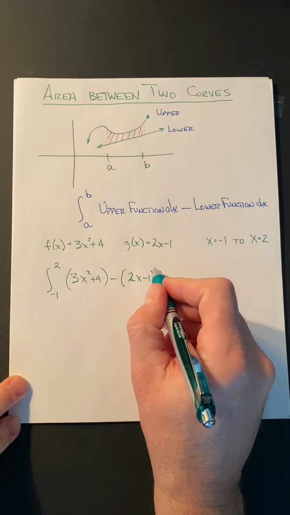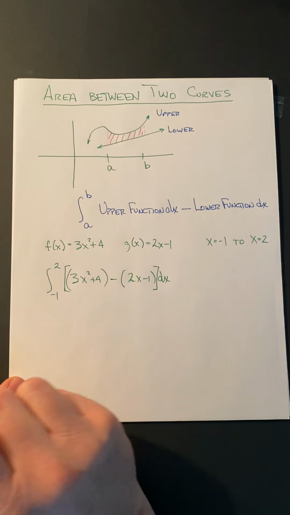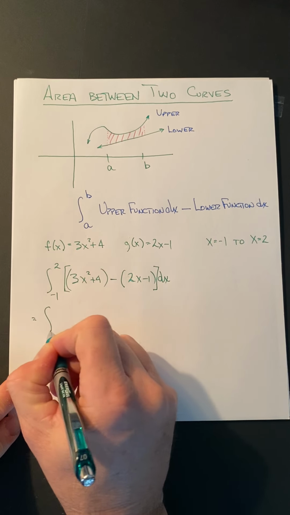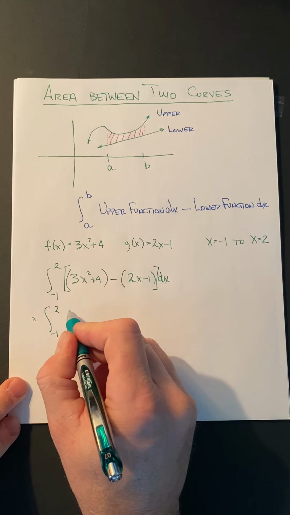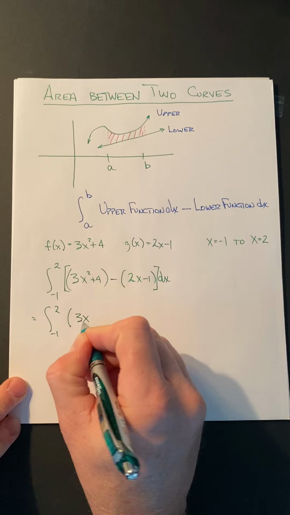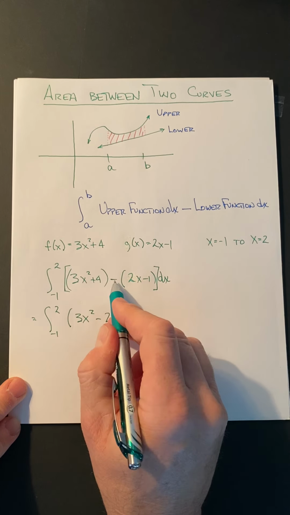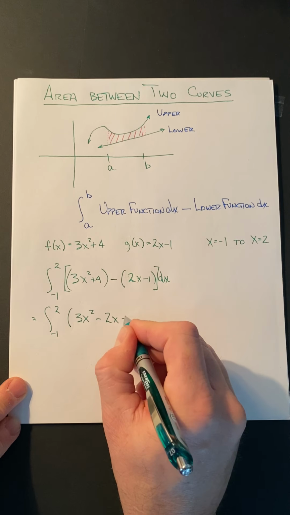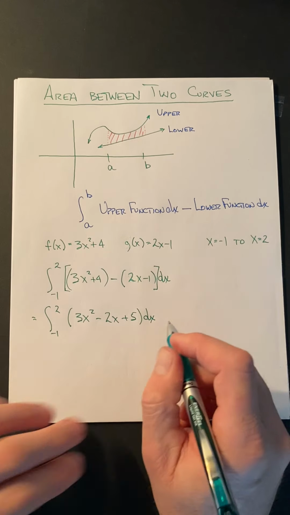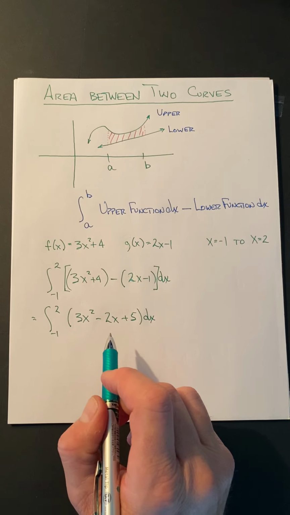So I've got to now simplify my equation, all right? I don't want to work with all of this if I don't have to. So when I simplify that from minus 1 to 2, I'm going to have what? 3x squared minus 2x, 4 minus a minus 1, or 5, okay? And of course, we know that we just integrate each one of these separately, don't we?